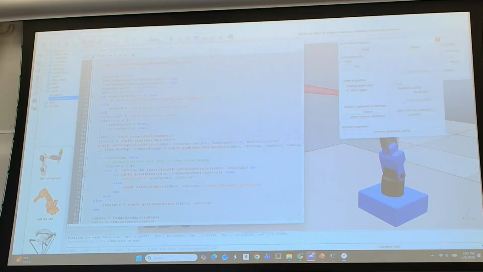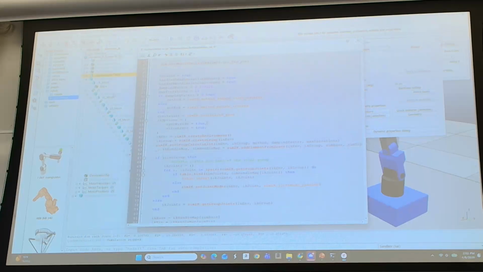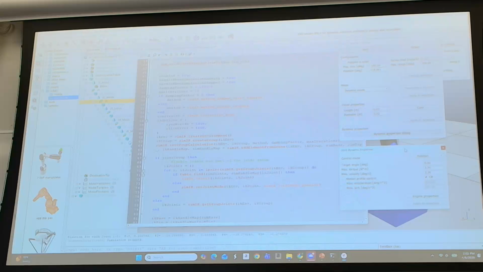You want to see the joints in the dynamics engine? Oh, so you have it in dynamic mode. Yes, it's in dynamic mode. I converted all of mine to kinematic mode because I couldn't get the IK to work. It was being dumb. That's why you have to set it here. If you don't set it here, you have to set it here in code.